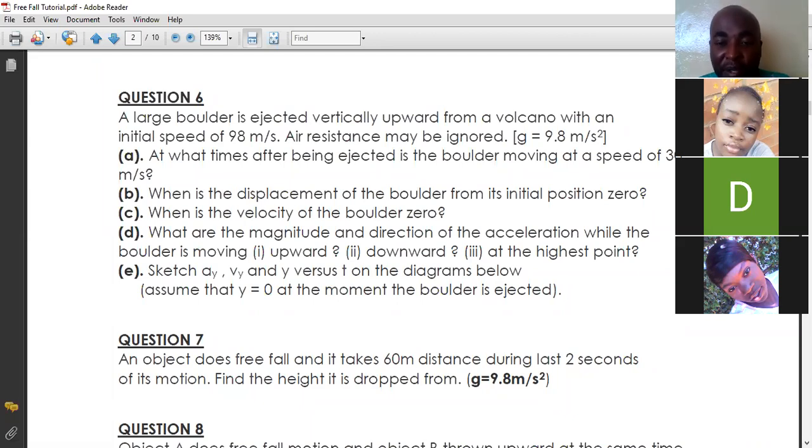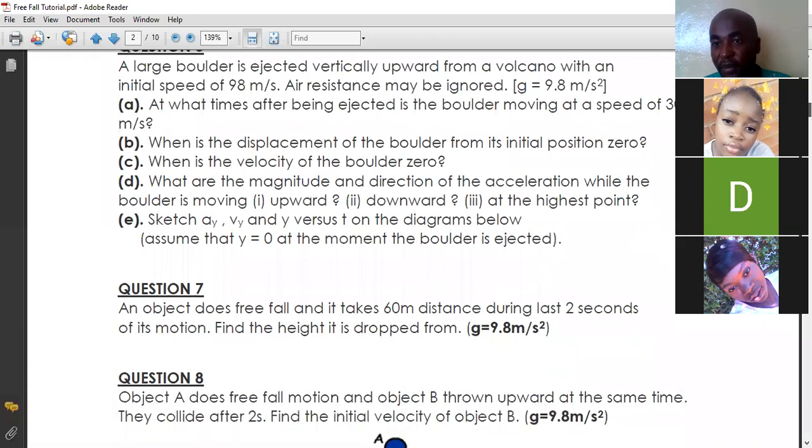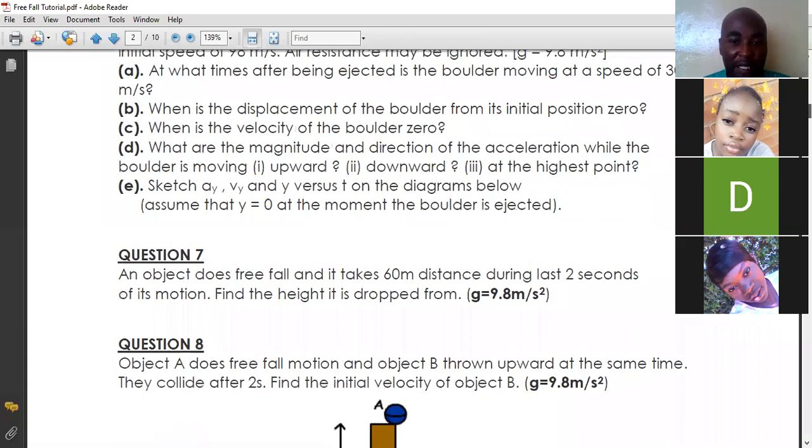Air resistance may be ignored. Always for these questions, g equals 9.8 meters per second squared. At what times after being ejected is the boulder moving with a speed of 30 meters per second?